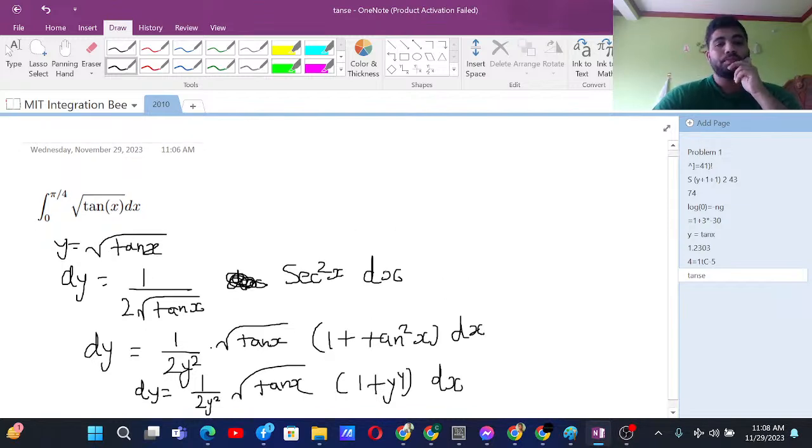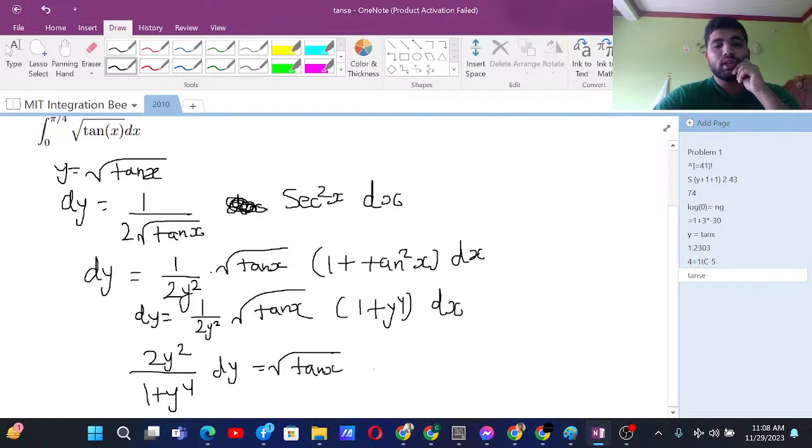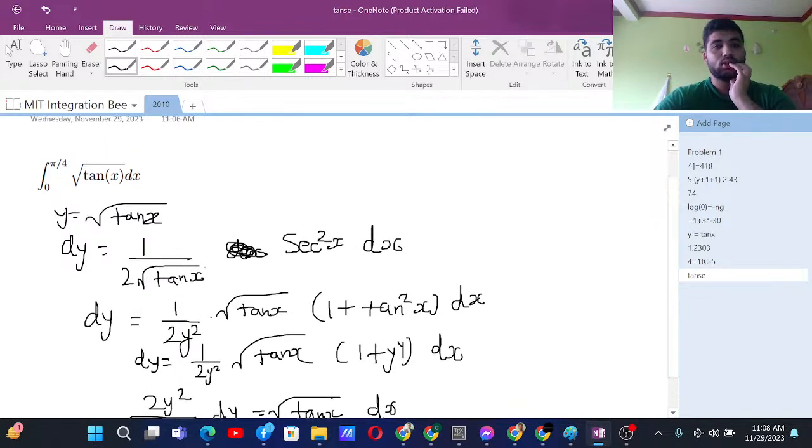And now we'll have 2y square by 1 plus y to the power 4 dy equals root 10x dx. So basically all of them could be changed to tan due to this substitution. It didn't really matter, but in fact this helped us. We haven't really solved it yet, but I think it gets us closer to the solution.